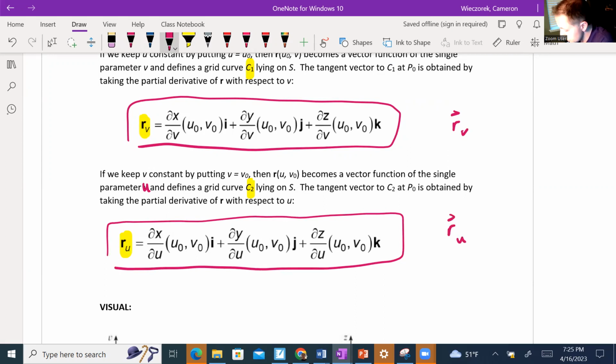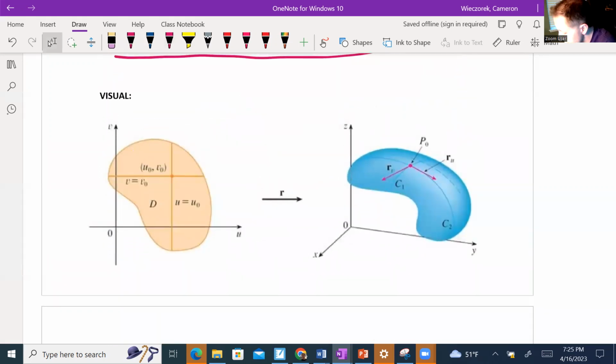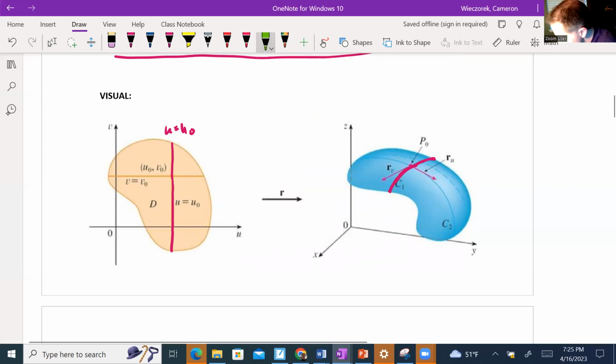Here's a visual of what I was talking about. If you fix this value, u equals u naught, say this is in the uv plane, here's my value, u equals u naught. If I go to xyz space through the parameterization, here's my grid curve C1 that you see outlined in pink. And then if I do another one, let's do this one in a light green maybe.